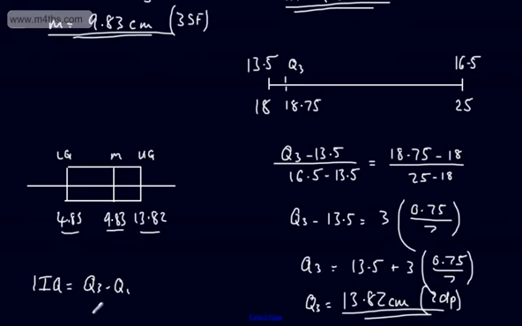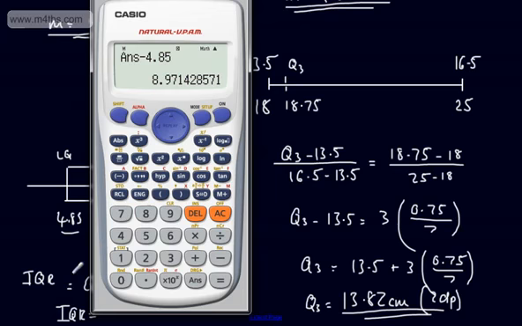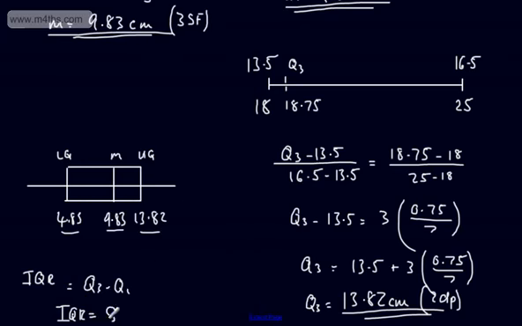So the IQR is going to be equal to the value on the calculator, which is 8.97 centimetres.